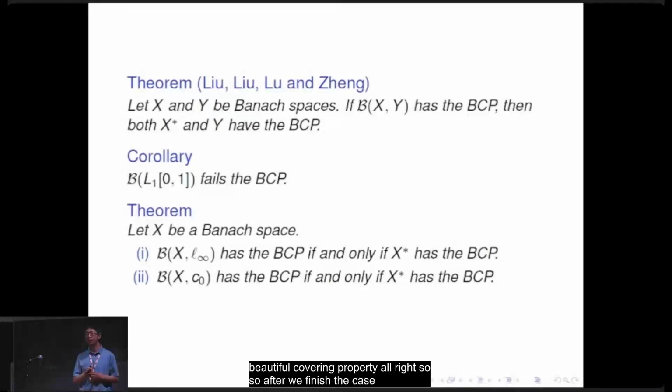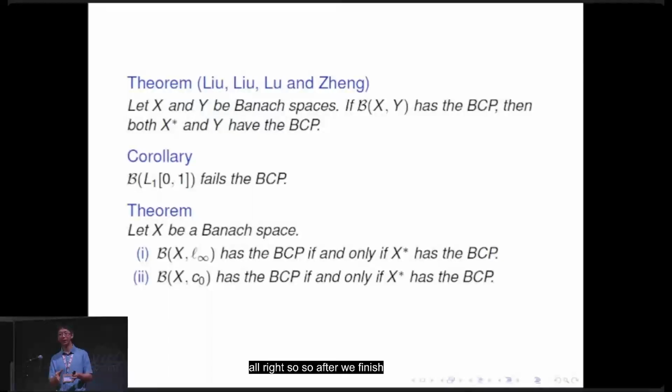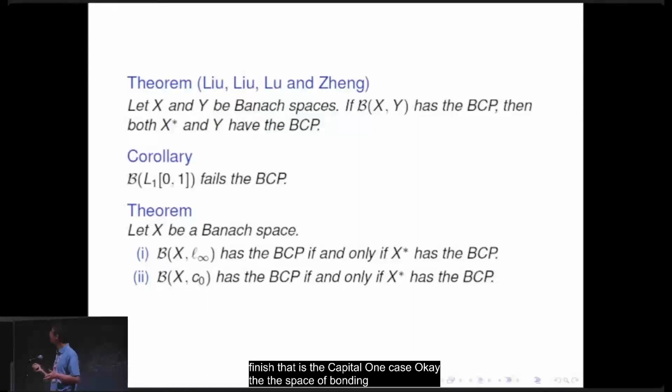After we finish the case for B of little lp, of course, we want to look at capital Lp. However, that's a place where we got stuck. We got some results for a special case, the capital L1 case. The space of bounded linear operators on capital L1 actually fails the ball covering property, using a theorem we proved here.